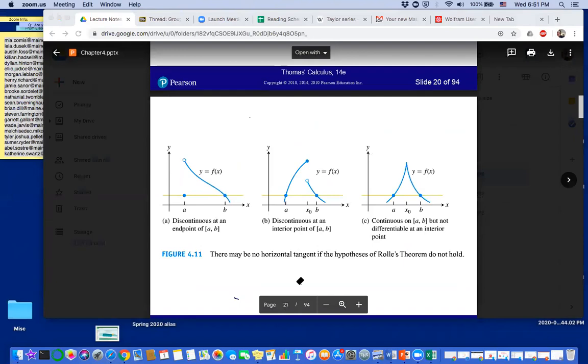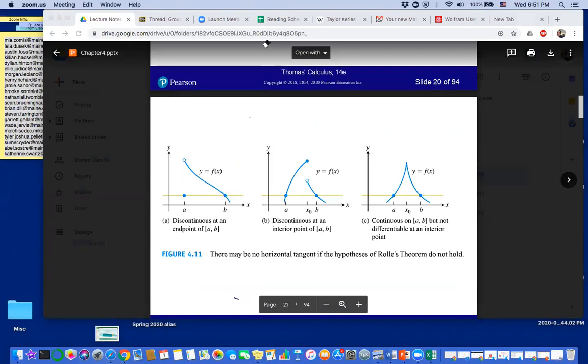But in B, it's not a removable discontinuity. What kind of a discontinuity exists in B? What's the problem here? Jump, that's right. Okay, so this one fails to be continuous here. Yeah, this one fails to be differentiable here.